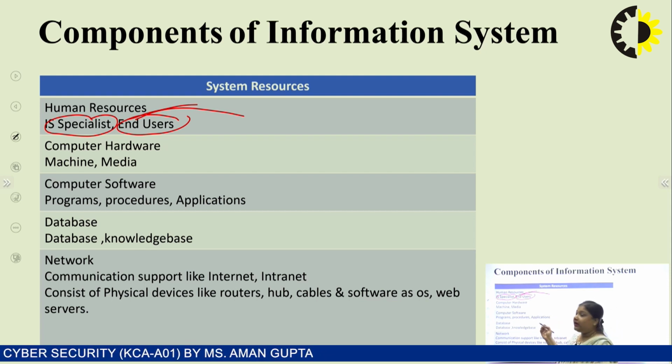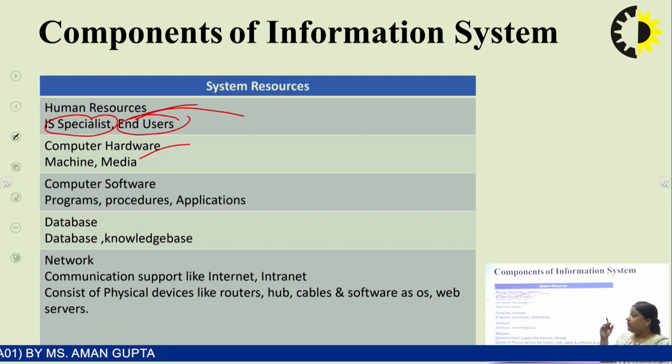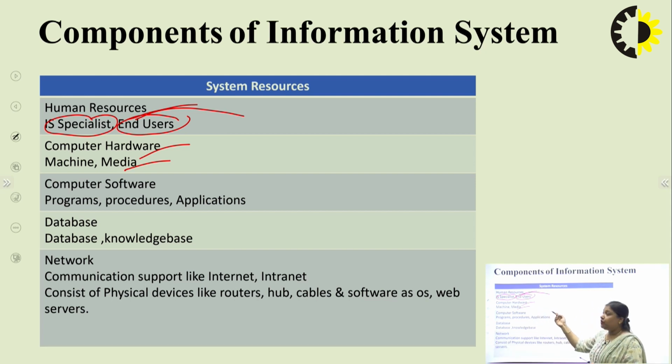What is computer hardware? Computer hardware consists of all the physical devices that we can touch. These are like CPU, media devices, like monitor, keyboard, mouse. All these things consist of computer hardware. Now next one is computer software.